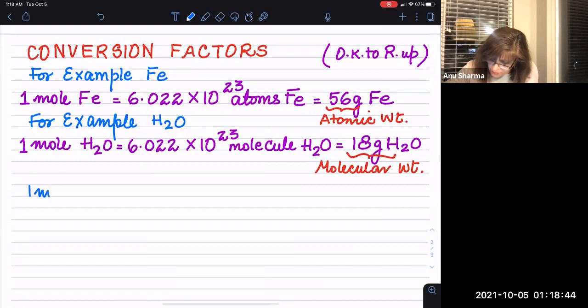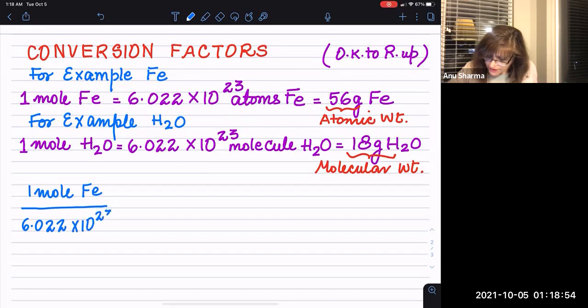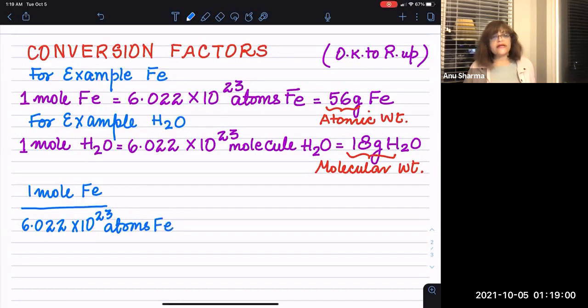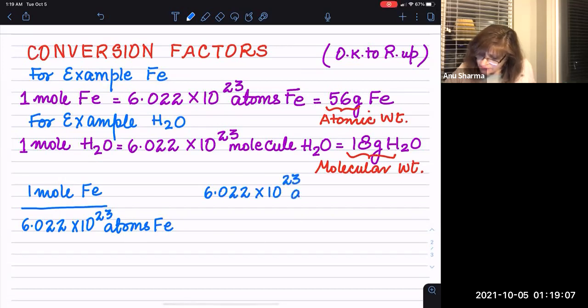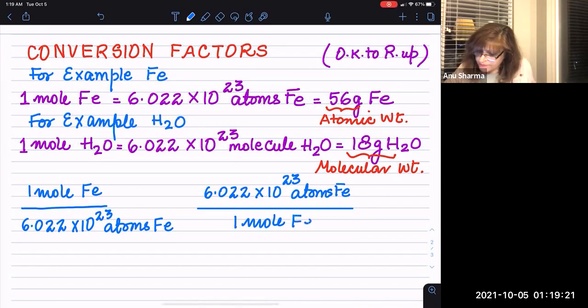All right. Now let's look at the conversion factors with regard to the top one, iron. 1 mole of iron contains 6.022 into 10 to the power 23 atoms, the particles of iron. Another one is 6.022 into 10 to the power 23 atoms of iron over 1 mole of atoms of iron.